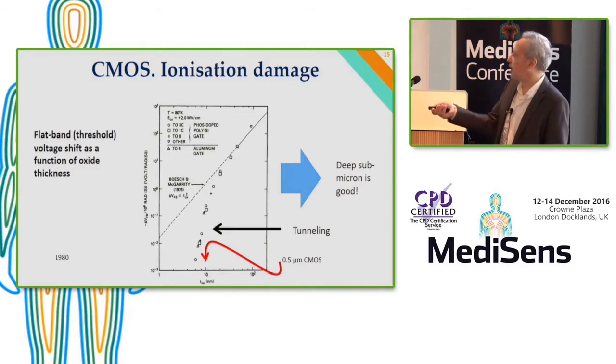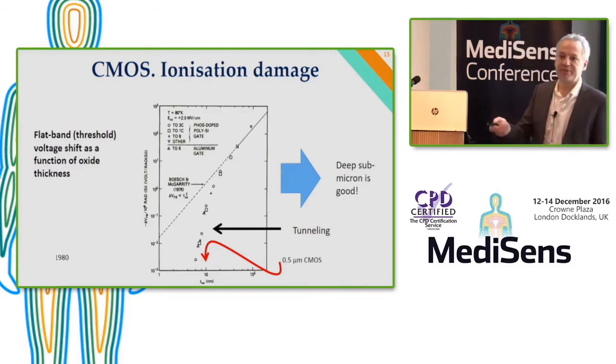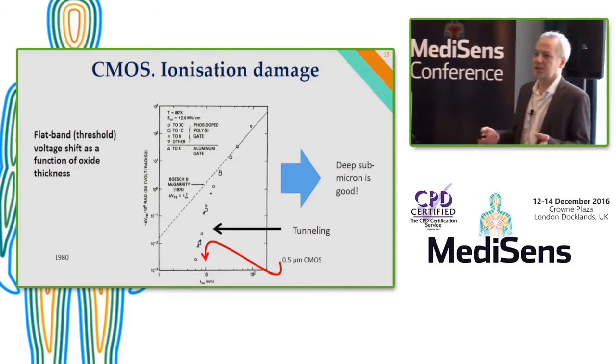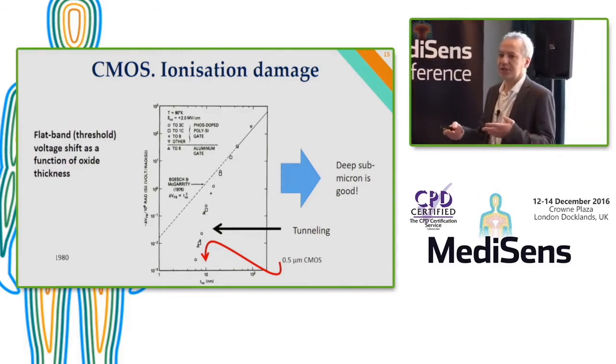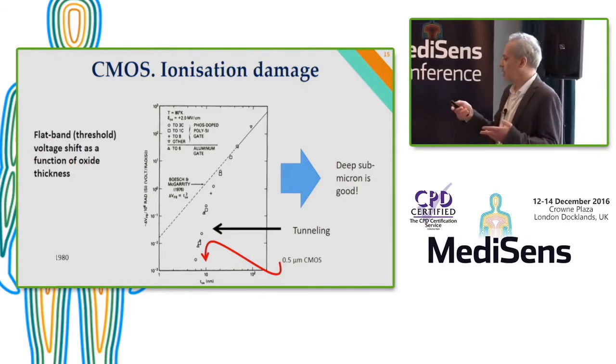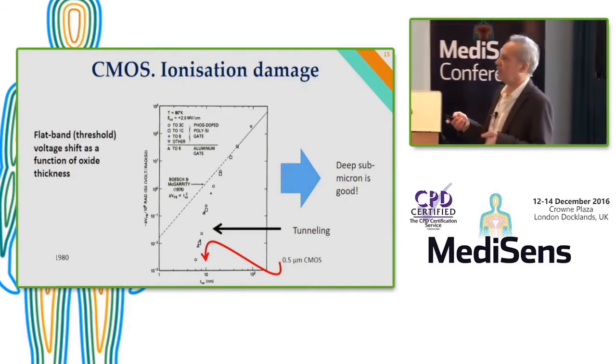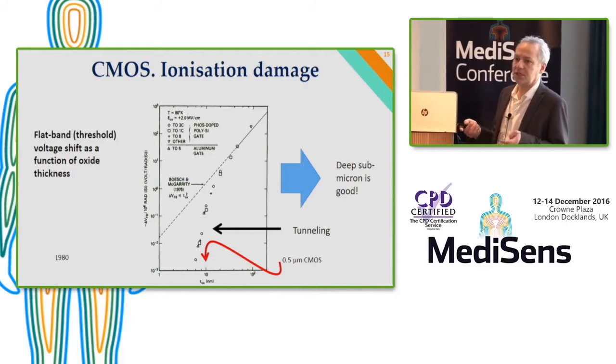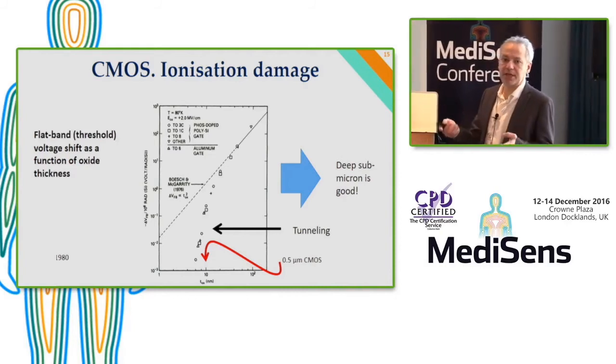You can see that as you make transistors smaller, the damage goes down, a good thing, and it goes down even more quickly when you go to very small transistors. So using very small technology is a good thing and kind of cures the radiation hardness; small feature size technologies become inherently radiation hard.